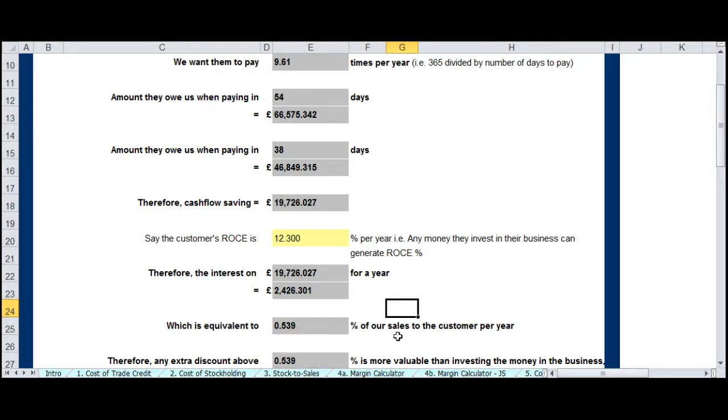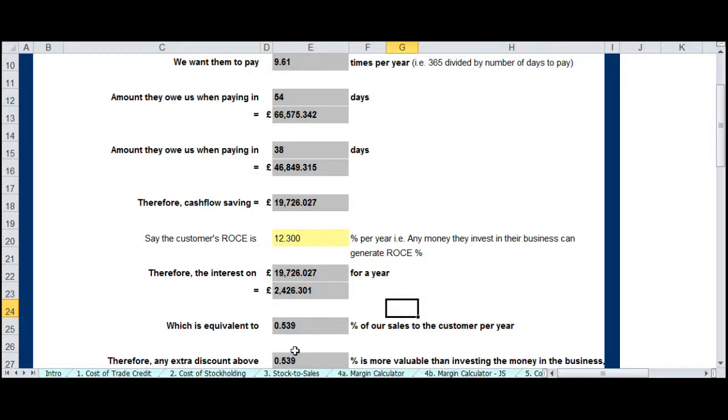So the rate the customer can get by keeping our money in their own business is 12.3%, which is the same thing as 0.53% off invoice. So we just have to give slightly more than that, and we're improving on what that retailer could actually generate in their own business.